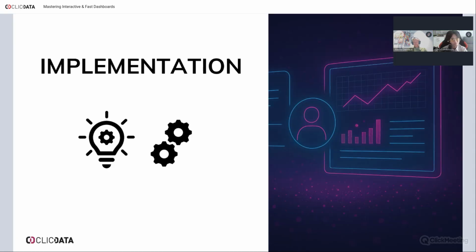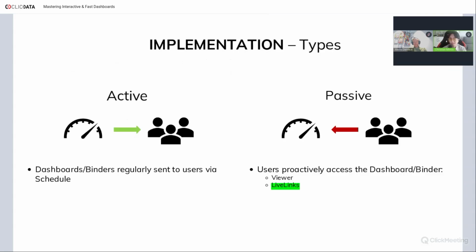And so that concludes the design phase, and now we are in the implementation phase. So you have a beautiful dashboard, it performs well, and now you're ready to roll this out to your end users. Just to quickly talk about our implementation types, I would say we can categorize it into two categories. One is active implementation, where we actively send dashboards out to our end users.